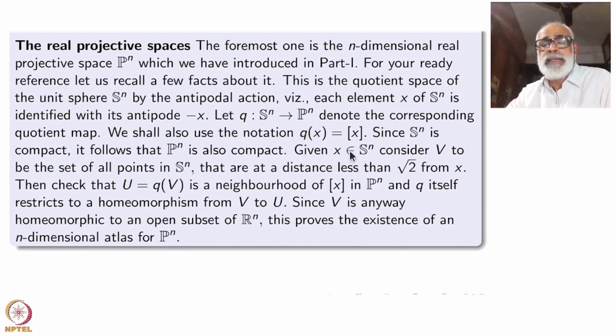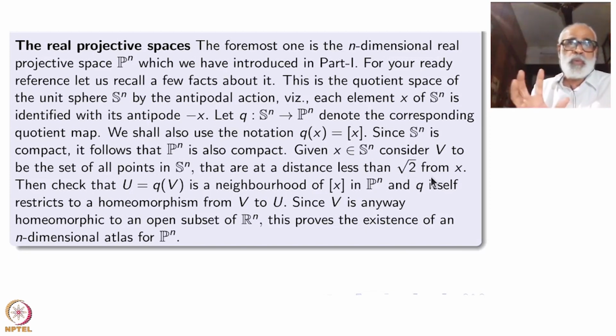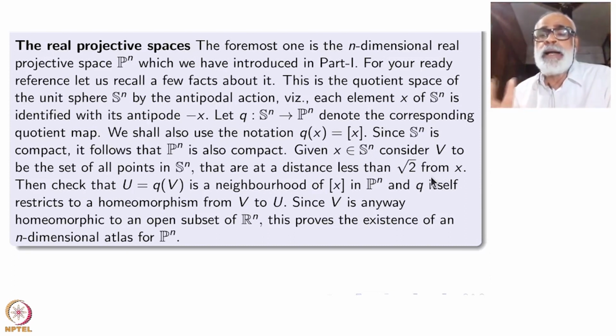Now, given any x belonging to Sn, consider V to be the set of all points in Sn such that the distance of that point from x is less than square root of 2. So take the root 2 ball inside Rn+1, intersect with Sn, that will be an open subset of Sn.